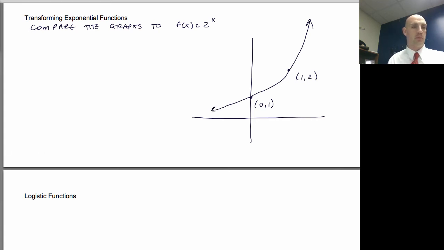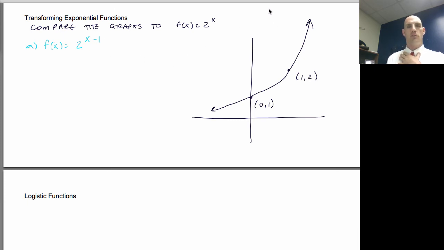The first one that I'm going to compare is A, f of x equals 2 to the x minus 1. Okay, so this is where it starts to get a little bit like, what did we do before? What do we do now? If I've got 2 to the x minus 1, this is sort of like inside the function, right?